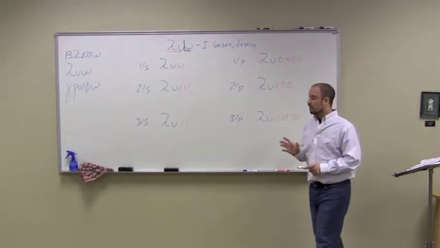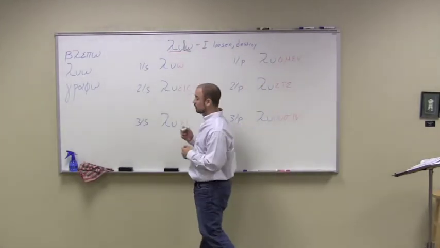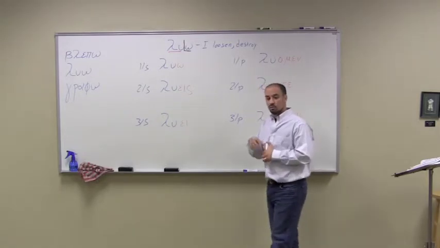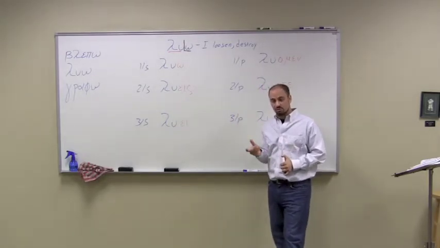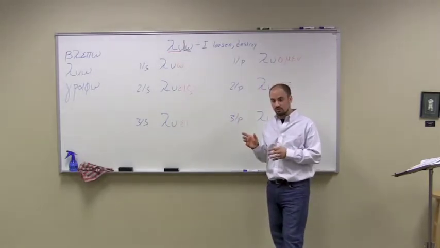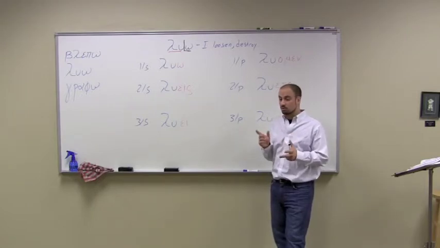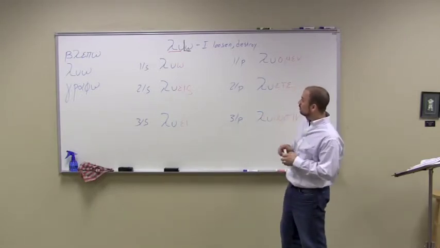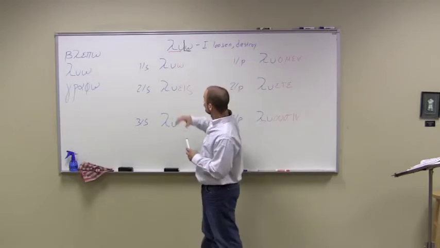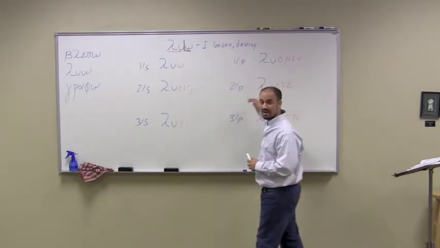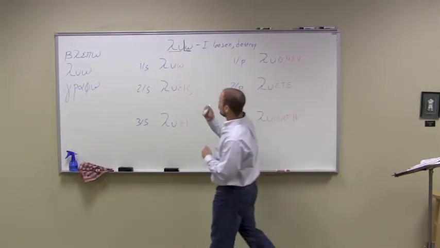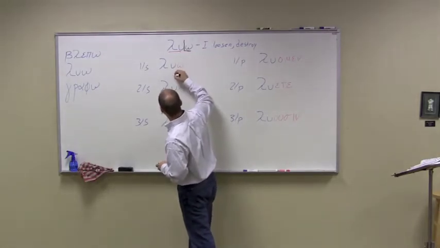But when we start to add verbs and voices and moods to everything later on, it's going to be easier to break verbs apart like I have in the writing. So I'm going to ask you to break apart luo.